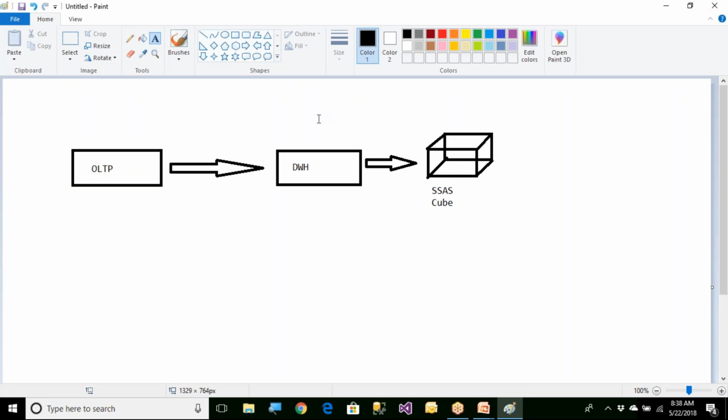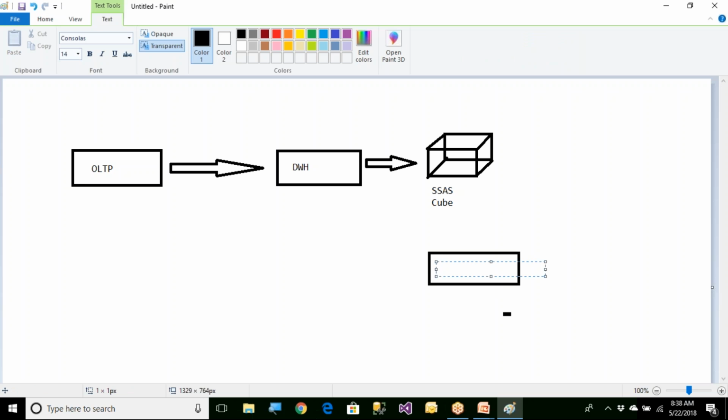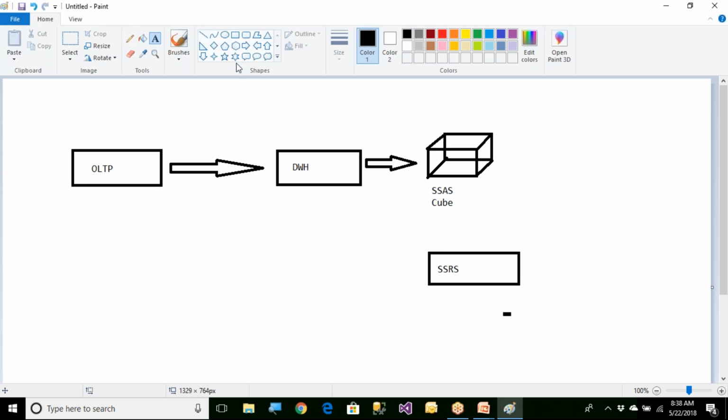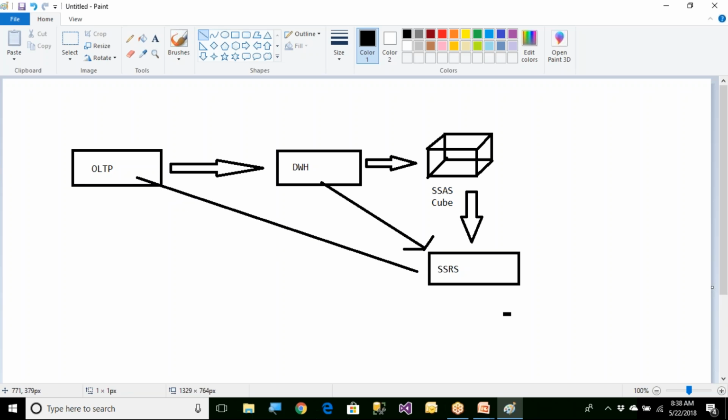Based on the cube, you will be able to create a lot of reports. People use SSRS to create reports. Either they get the data from the cube and write a lot of MDX queries, or you can also get the data from the OLTP applications and create a lot of reports.